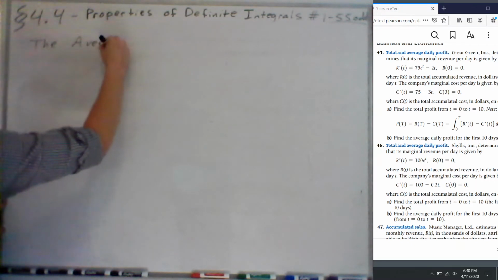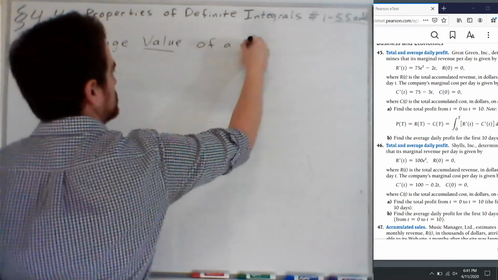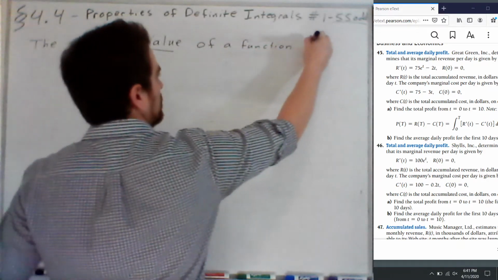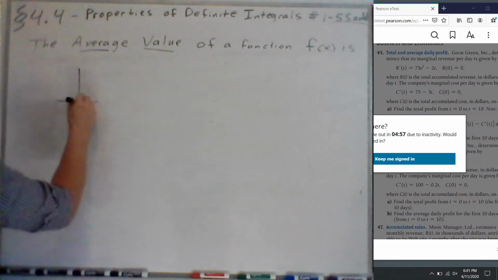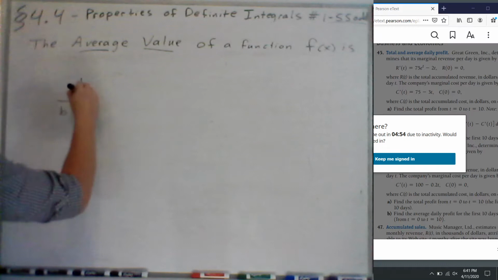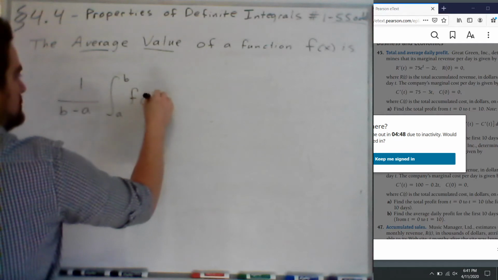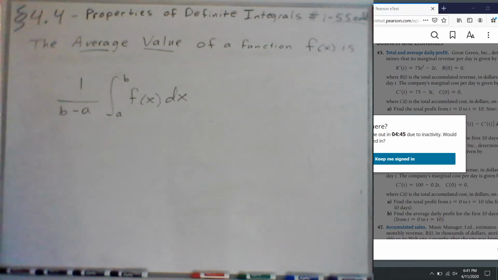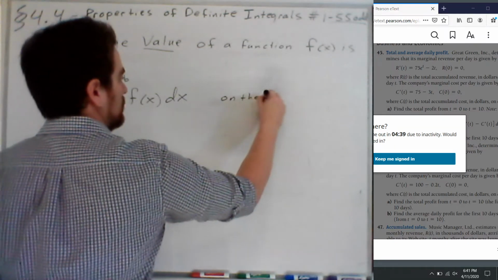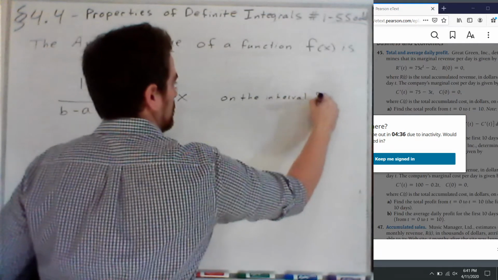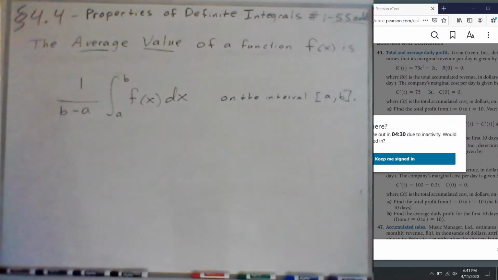The average value of a function f of x is 1 over b minus a times the integral of f of x from a to b. And they'll give you the interval a to b. If the interval changes, the average value might change.